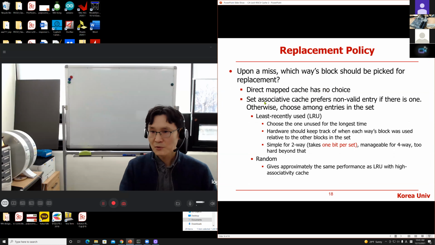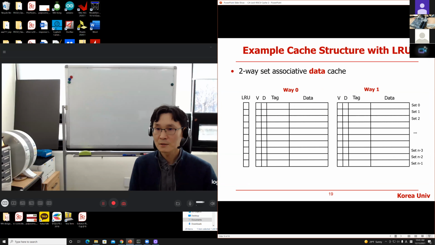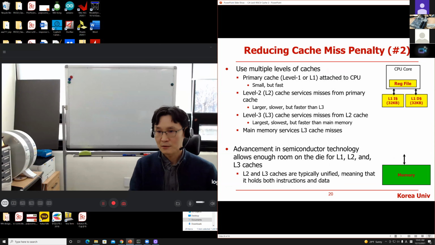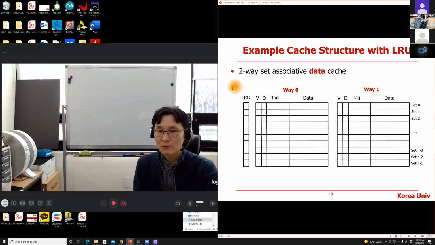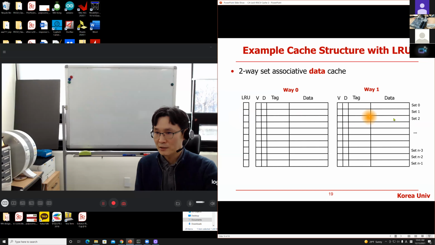But when it comes to set associative cache, for example, two-way set associative like this, you select one particular set for lookup. For example, set number 2. Assume that you selected set number 2 by using that index. Then you have two cache entries.